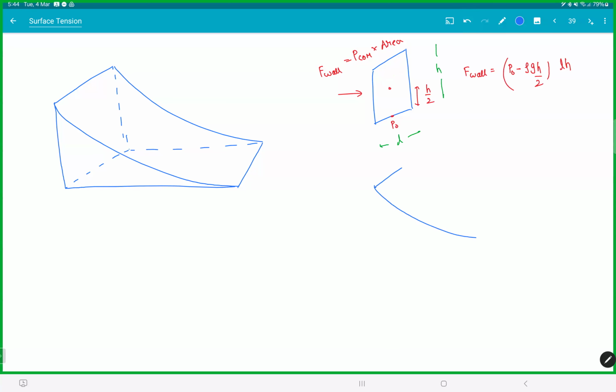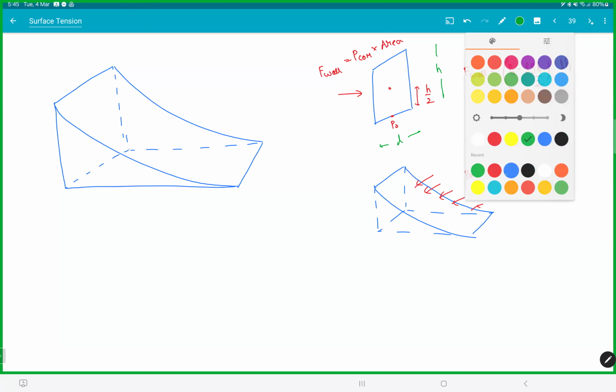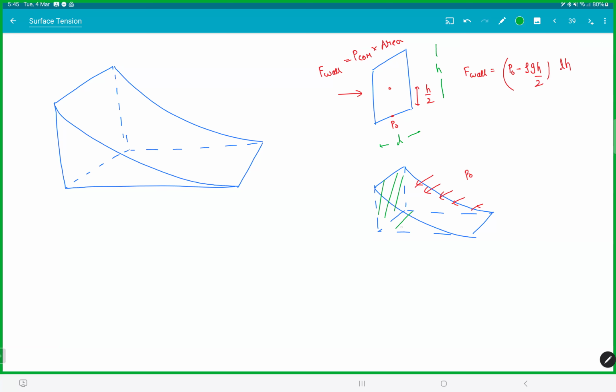Similarly, if you look at this curved surface here, the atmosphere is acting like this, a constant pressure P naught. So there are two projected areas. This is a projected area, this is a projected area. Do you guys remember projected area? A flat surface which will make an open curve into a closed surface. So this is P naught into the base area, which I don't know and I don't need also.